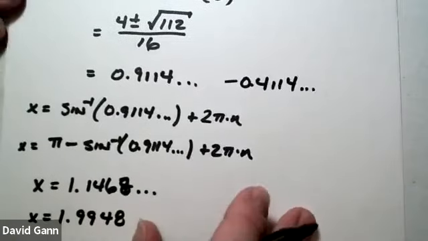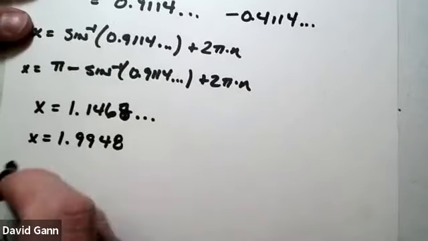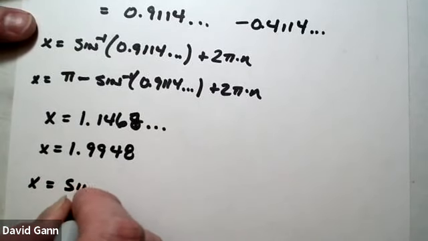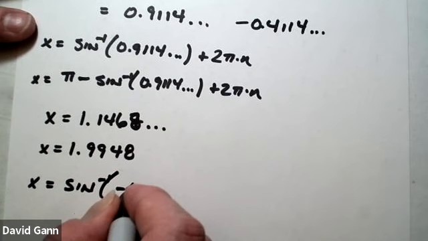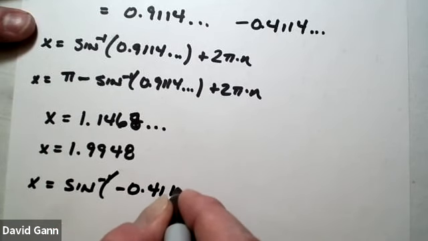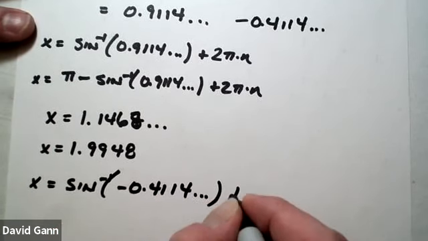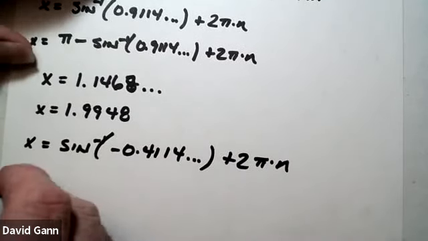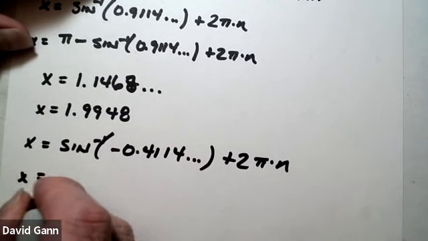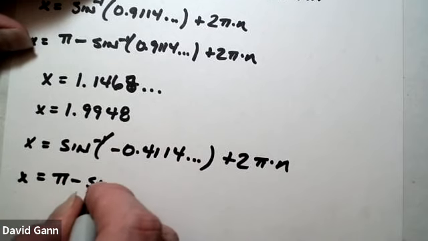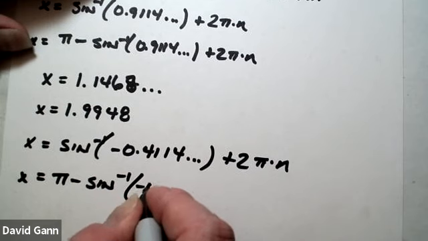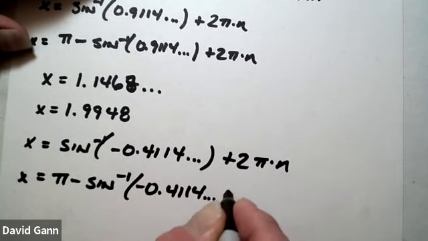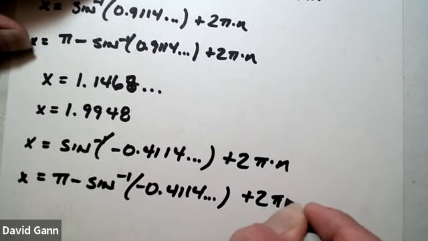Similarly, you have to consider these solutions as well. x is equal to the inverse sine of negative 0.4114 yada yada plus 2 pi times n. That's one possible answer. Or x is equal to pi minus the inverse sine of this negative 0.4114 and some change plus 2 pi times n.